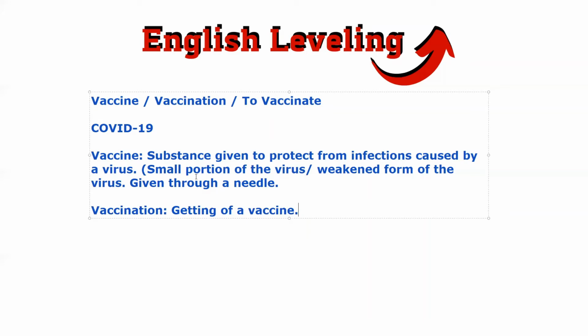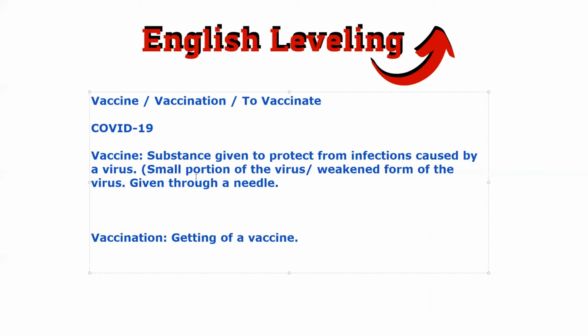So for example, there are a few different vaccines available. Again, this is just talking about that substance. It's available, there are a few different ones, it exists. Whereas with vaccination, we're talking about people actually getting the vaccine.